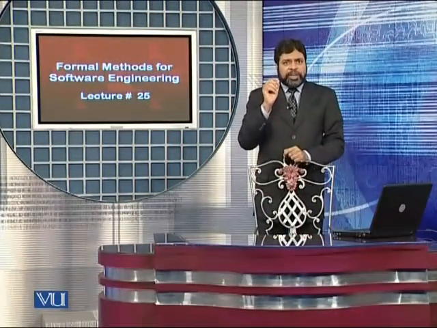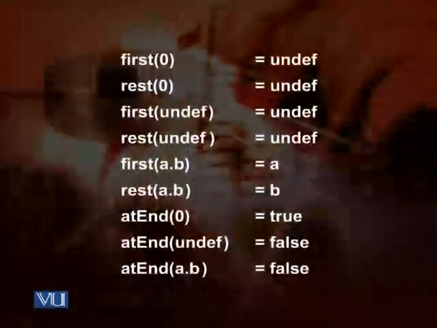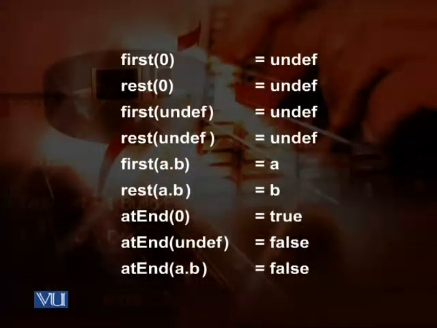In this case, we are saying that if we had an empty list and we ask, are we at the end of the list or do we have an empty list? The answer is yes. And the answer is no in all other cases, including when the list is not defined.